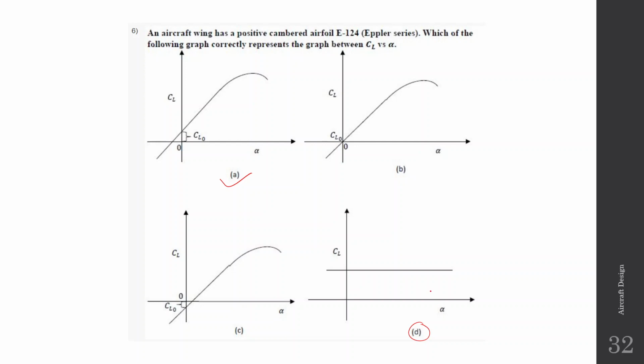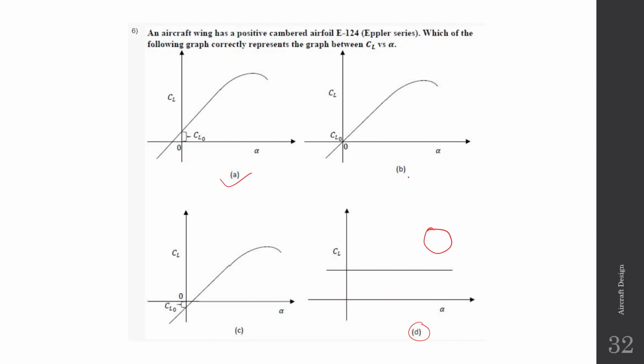Even though the angle of attack is increasing or decreasing, your CL is not changing. So this is probably not even a wing. This is probably something like a sphere, because a sphere is symmetrical, so it doesn't matter how it's oriented, it is going to have the same aerodynamic properties. So this is probably a graph of a sphere or something like that. Maybe a cylinder.